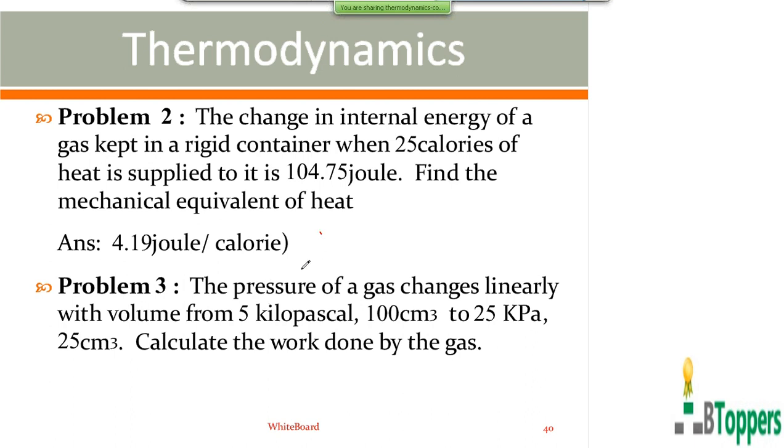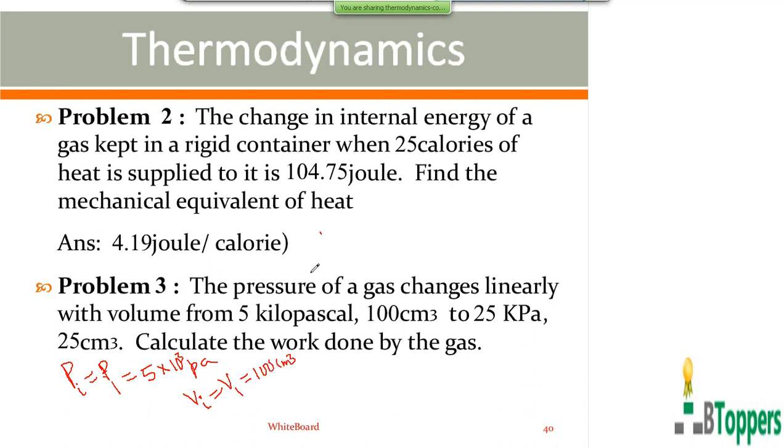So pressure of the gas in the initial state, denoted by P subscript I or P1, is 5 kilopascal, which means 5 into 10 cube pascal in SI system. Let us substitute all the values in SI units. Initial volume of the gas, denoted by V subscript I or V1, is 100 cubic centimeter.